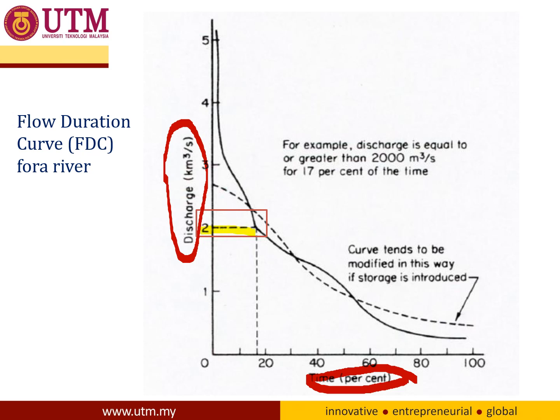The unit here is meter cube per second. The percentage here is around 17%. So we can say the discharge is equal to or greater than 2000 meter cube per second for 17% of the time. This is just to see the distribution of the values of the flow in a river.